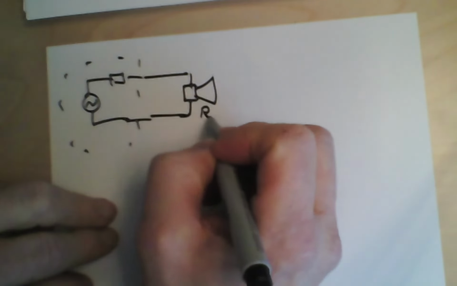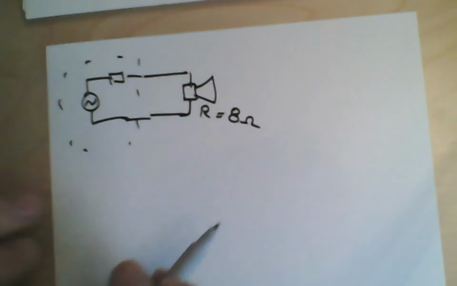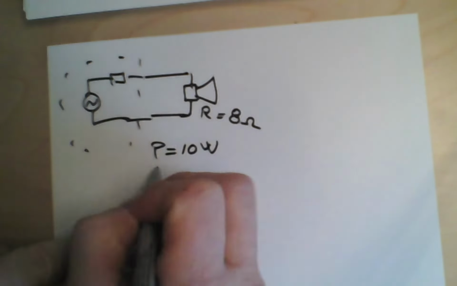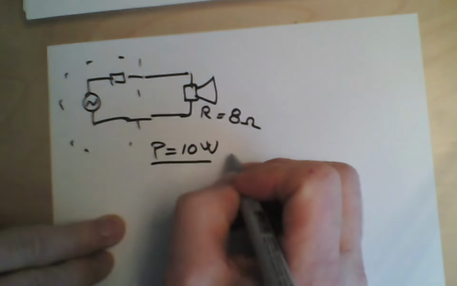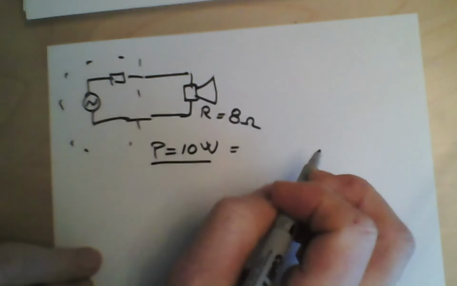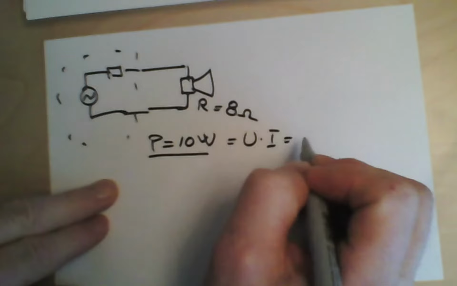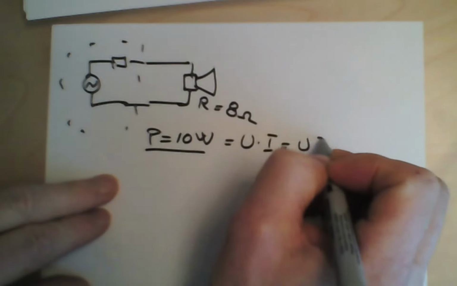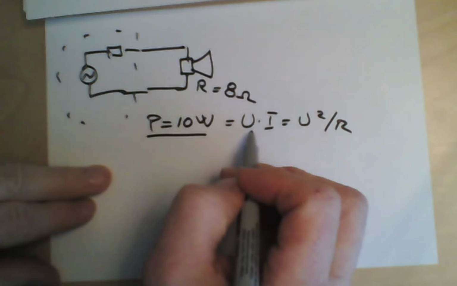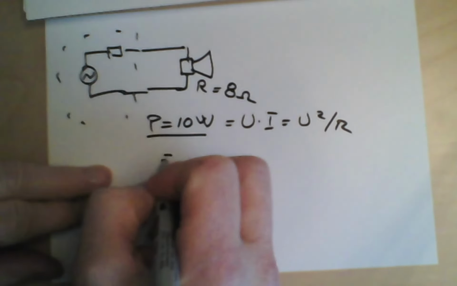And there, for example, 8 ohm impedance on the loudspeaker, and we want to drive 10 watts. Well, it's a resistance, and there's the amplifier. So basically, this is same as U times I, or actually U squared divided by R. This is power, so actually this is the RMS value of the signal.